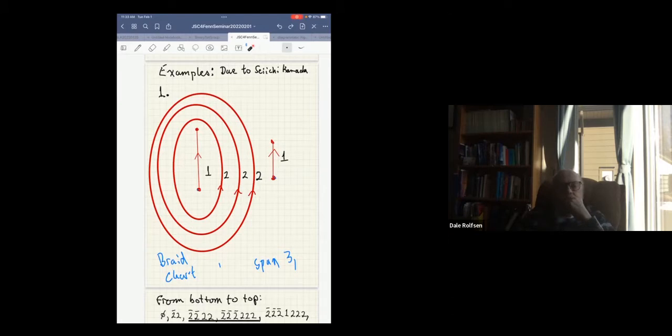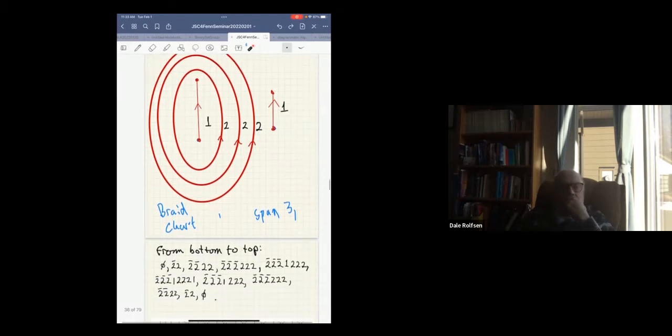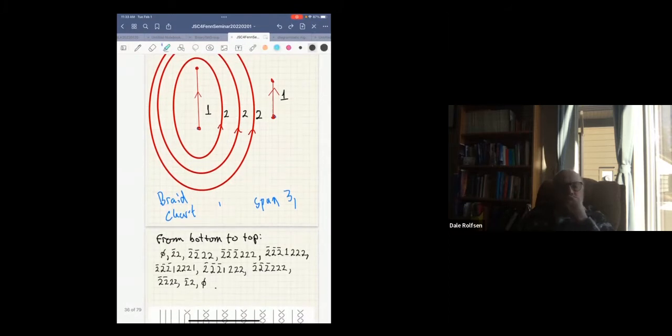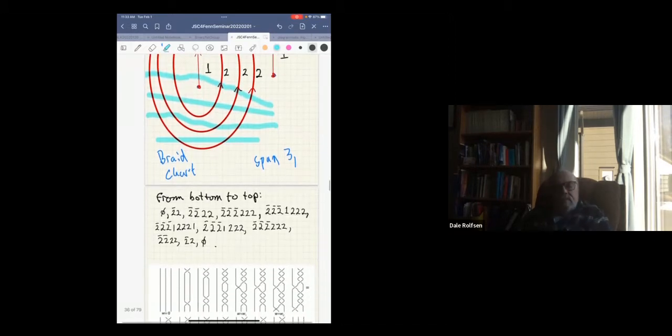So it involves three string braids, and if you read from the bottom to the top, you'll see 2 bar 2, 2 bar 2 bar 2 2, 2 bar 2 bar 2 bar 2 2, 2 bar 2 bar 2 bar 1 2 2 2, etc. So if you read from bottom to top by means of those cross sections, you'll get this sequence of braid words.